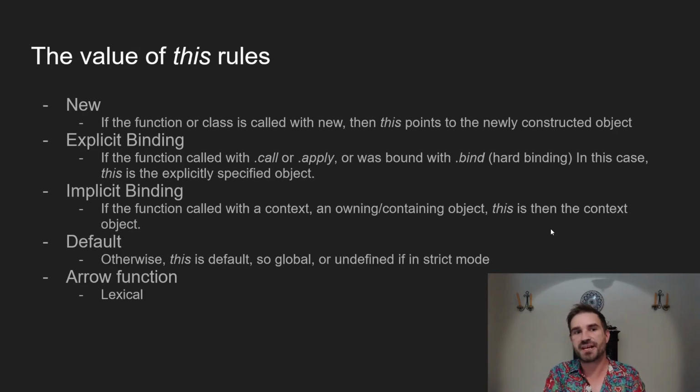Default: none of the above apply, so it's global, or undefined in strict mode. And arrow functions, a little different beast: wherever the arrow function was typed, its lexical parent is going to be the value of this. Seems so simple now. Cool.